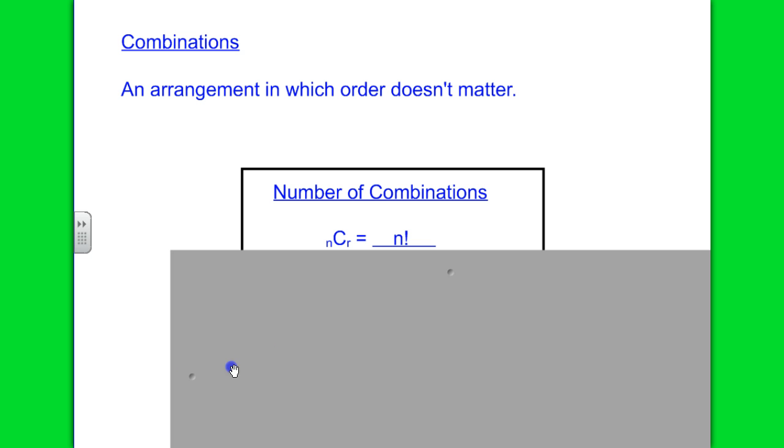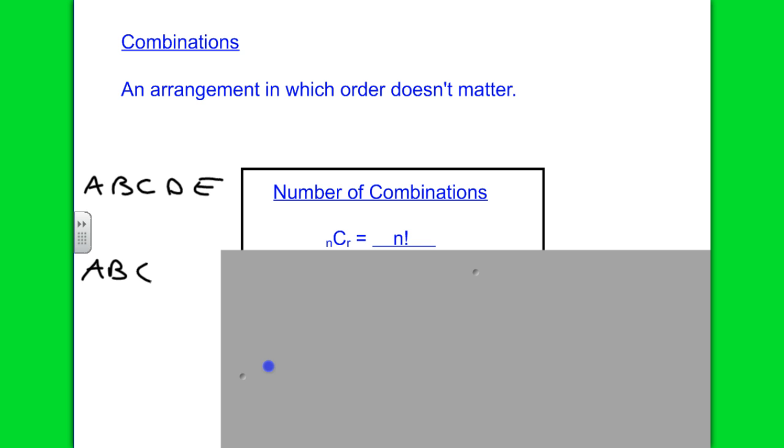In other words, if I have 5 letters, A, B, C, D, and E, and I'm putting them in combinations of 3, would A, B, C be different than C, B, A? No. Now with permutations, are those two things two unique permutations? Yes.